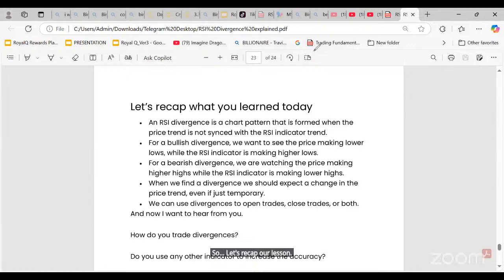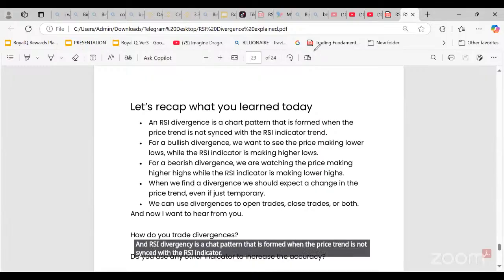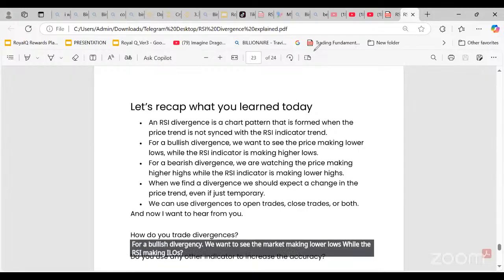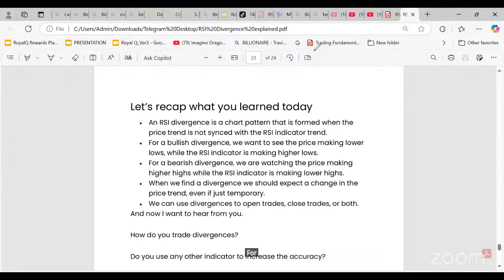An RSI divergence is a chart pattern that is formed when the price trend is not synced with the RSI indicator. We have looked at one that moves up and one that moves down. For a bullish divergence, we want to see the market making lower lows while the RSI makes higher lows. For a bearish divergence, we are watching the price making higher highs while the RSI is making lower highs.